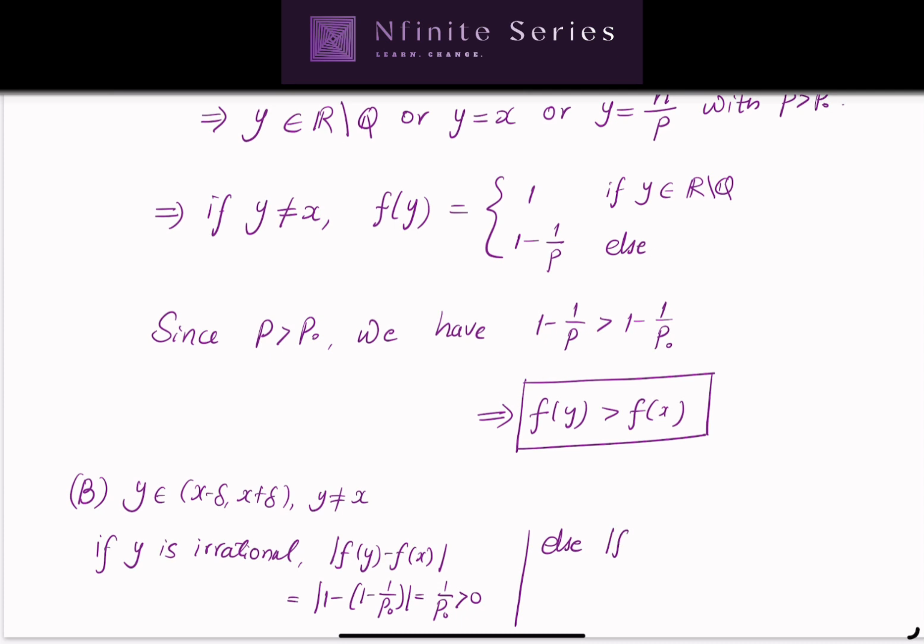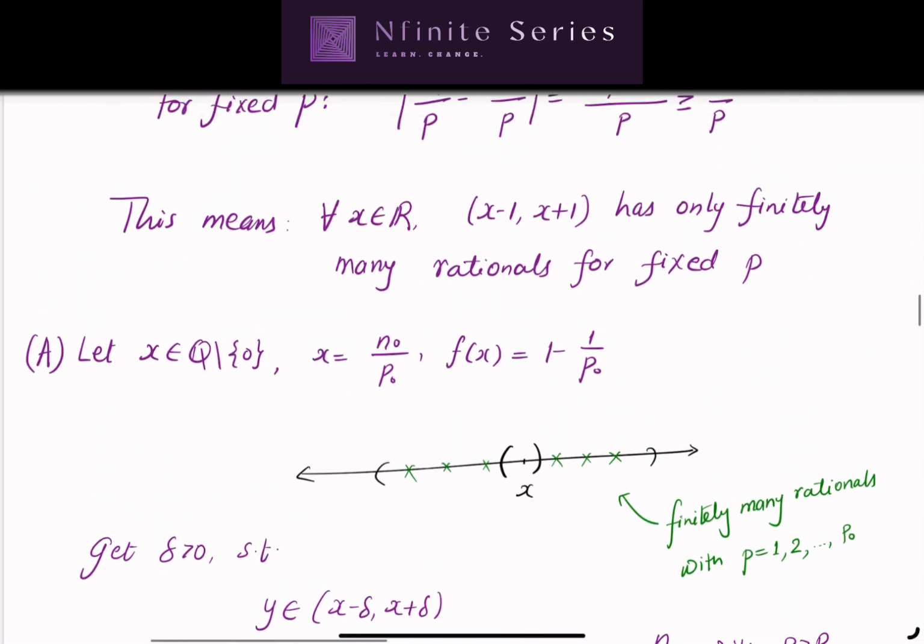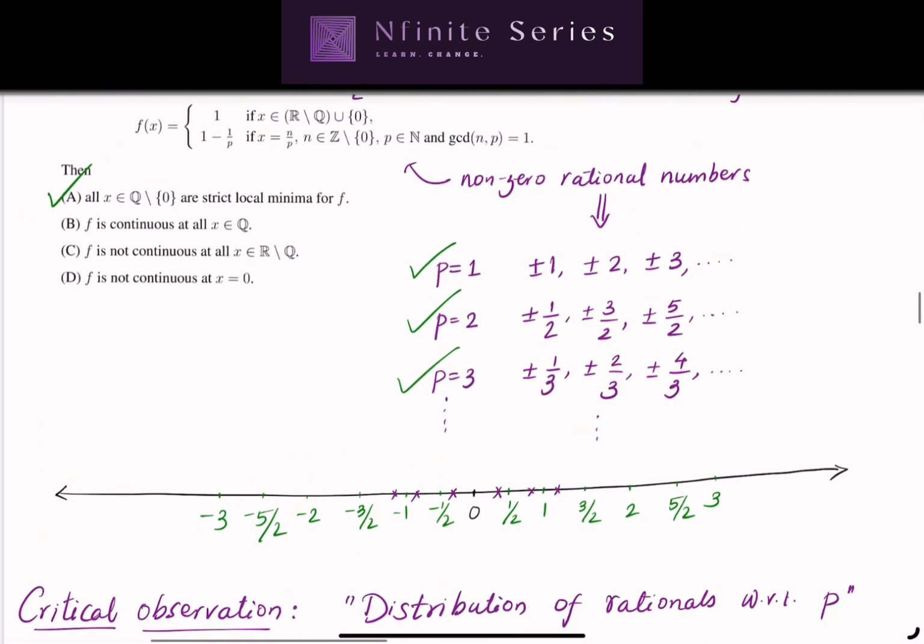And in the second case, when y is a rational number, the difference between f of x and f of y, where f of y is 1 minus 1 by p, with p a natural number greater than p naught, turns out to be greater than or equal to 1 by p naught plus 1 minus 1 by p naught, which is also a positive number independent of y. So the difference between f of y and f of x is a fixed positive number, which means that f is not continuous at non-zero rational numbers.